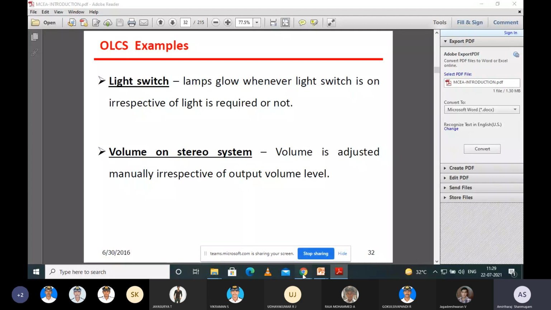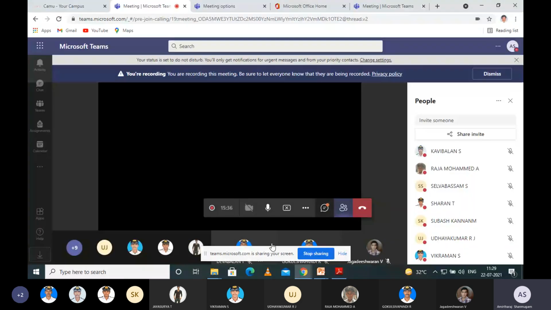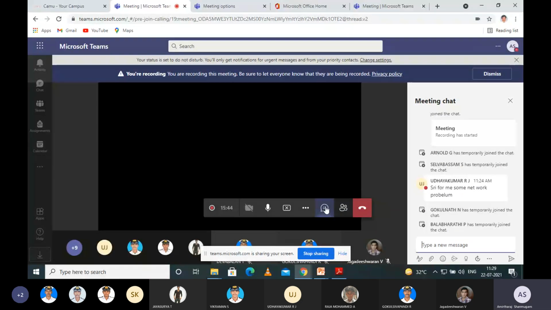My dear cadets, any disturbance in the voice from the surroundings? Only my voice is highlighted because somebody is taking class nearby. Okay, I understand. Balabharati, Gogulnath, Selva Pasam, how many of them joined now?